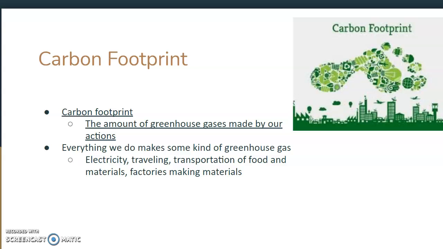That boat will produce some carbon dioxide as it's coming down here. Or even the factories making the materials that we use every day. So again, a factory might use a lot of electricity to make our table that we're sitting at, for example. So lots and lots of different ways that we can see the amount of CO2 we put into the atmosphere every single day.